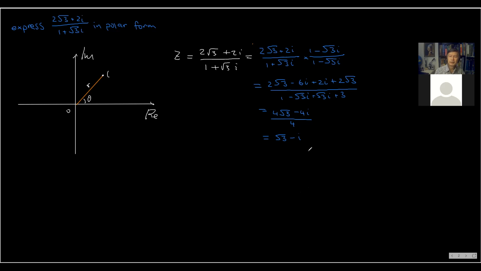Oh, that's much simpler. So in this way, we have successfully rewritten this original form into what we call the Cartesian form. So that is equivalent to a plus bi, right? If you know this a and b, how do we work out theta?